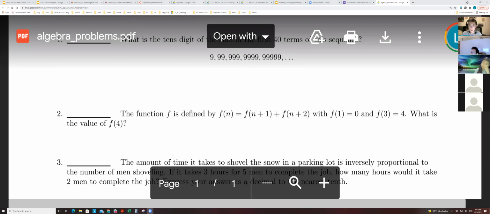Here, let's write a few steps. 0 equals F2 plus 4. So from here, F2 equals negative 4, right?